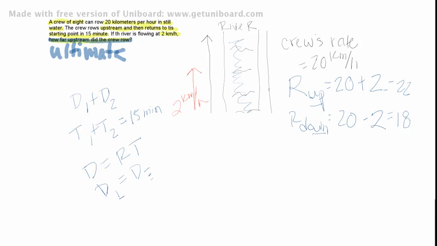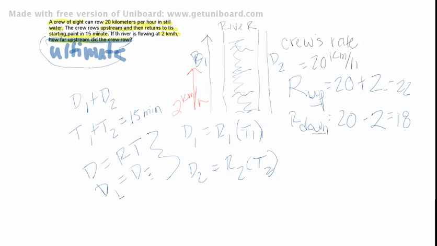So here we are, operating off of this. Then we know that distance 1 equals rate 1 times time 1, and distance 2 equals rate 2 times time 2. Ultimately, if we say distance up is distance 1 and distance down is distance 2, then according to our ultimate question, we're only interested in distance up.